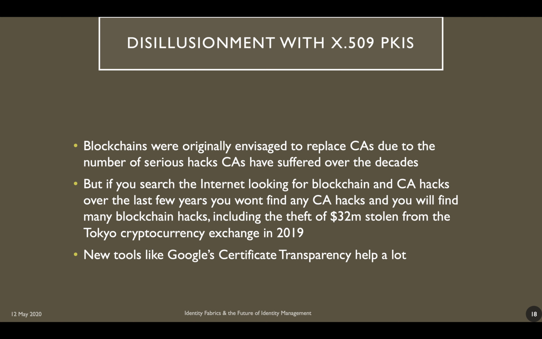I think we've probably all been disillusioned with X509 and CAs and the PKI infrastructure at some point in our careers. That wouldn't be unusual. But new techniques like OCSP stapling and Google certificate transparency are helping a lot to make them more trustworthy.